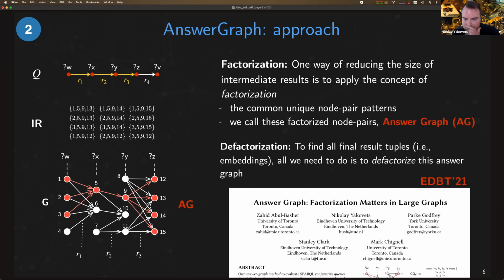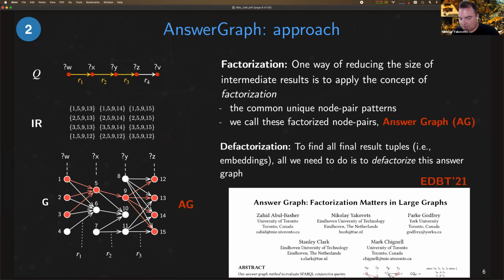The second thing is, as has already been said, that in graph query evaluation you often deal with very large intermediate results. One way to reduce such intermediate results is to factorize them during the evaluation. For this, we have an approach which we call an answer graph.